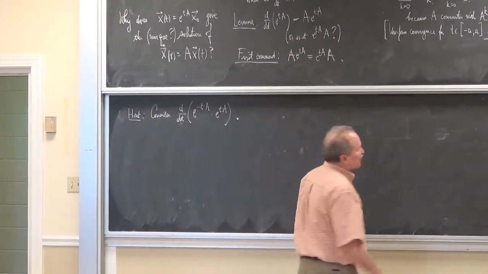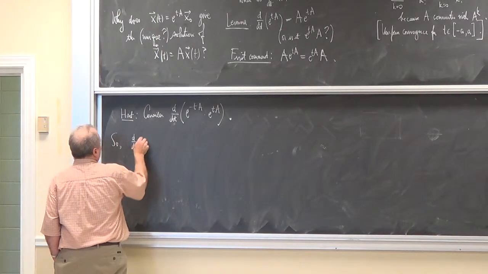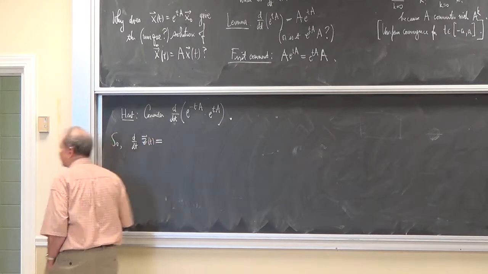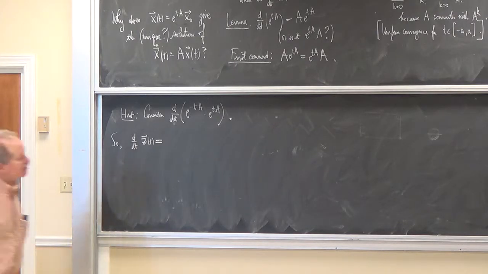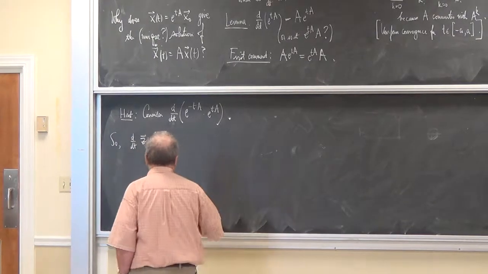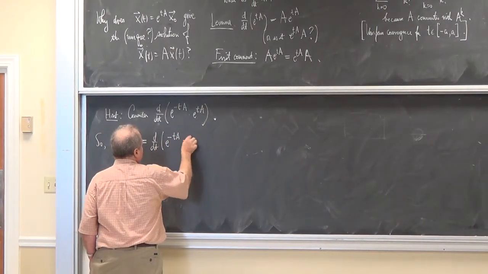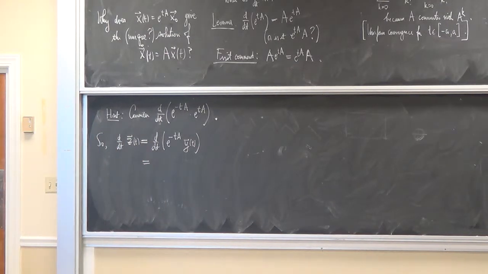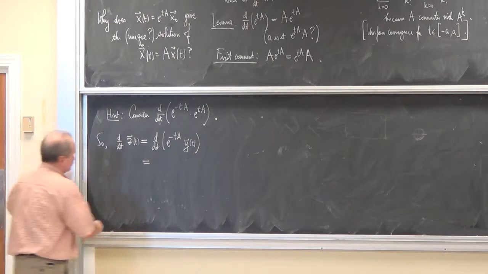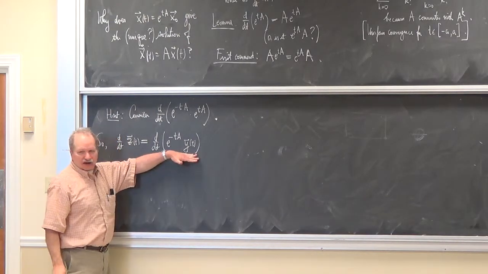All right, so using this fact, what is d/dt of z of t? Z of t is all the way over there. That's not very nice. d/dt of e to the negative ta y of t. So first of all, how am I going to do a product?